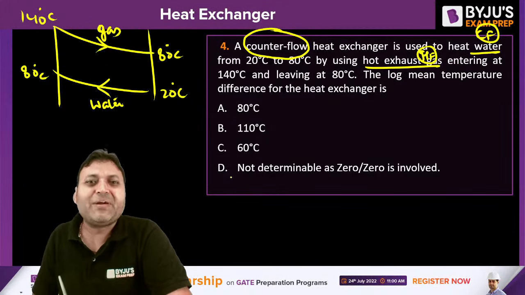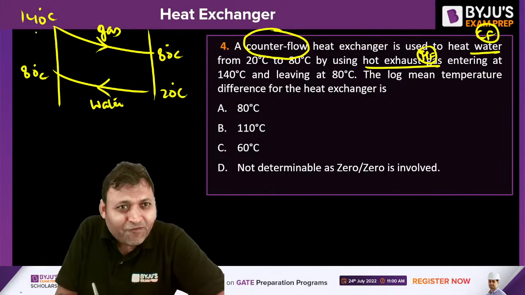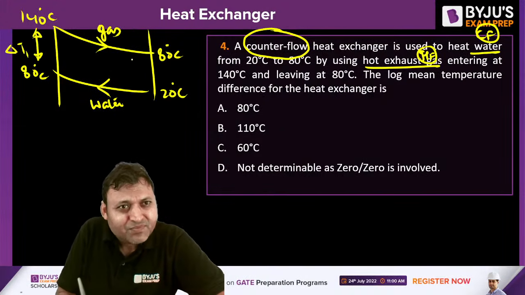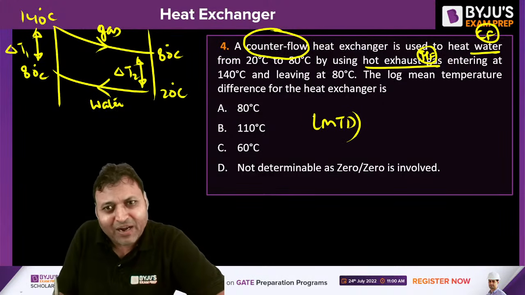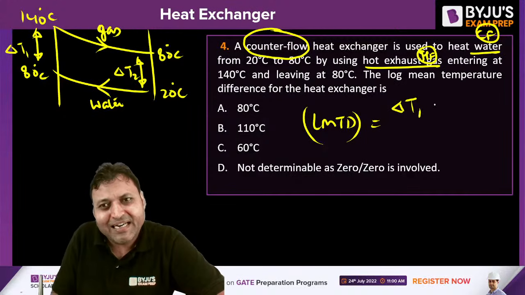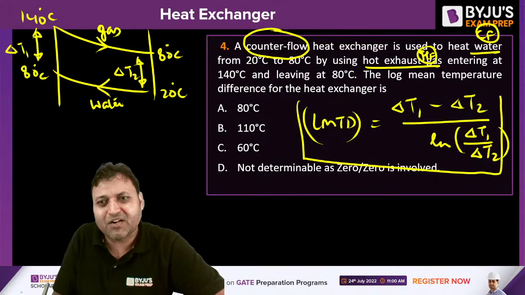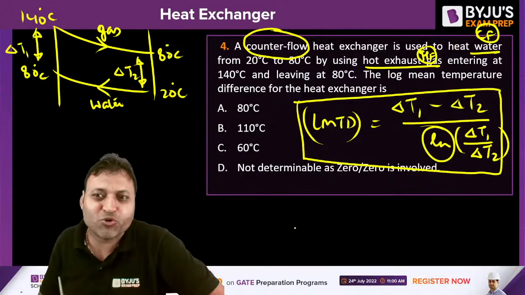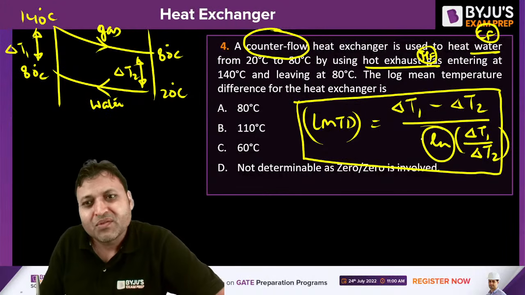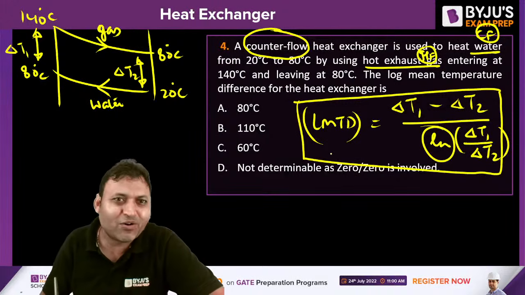Then for the logarithmic mean temperature difference, we calculate delta T1 and delta T2. What is the formula for LMTD? For any heat exchanger, LMTD is delta T1 minus delta T2 upon natural log of delta T1 by delta T2. That is the general expression, and because it involves the natural log, it is called the logarithmic mean temperature difference between hot and cold.